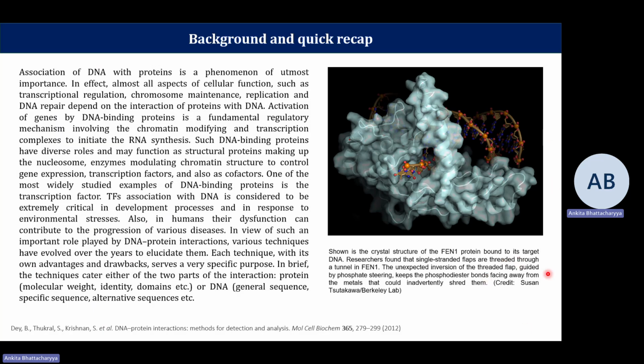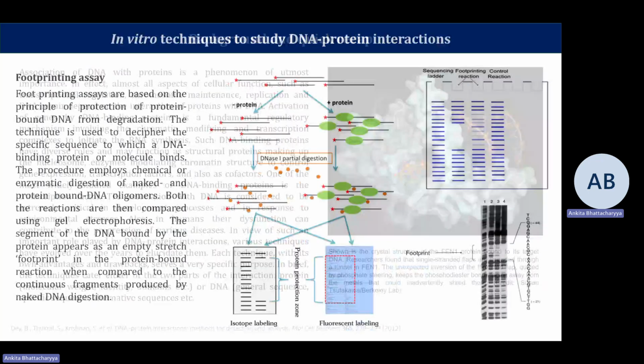Again, this is an example I already gave because we had discussed restriction enzymes in the previous class, and it's something you can very easily visualize. Researchers found, in a paper from a couple of years ago, that single-stranded flaps get threaded through a tunnel present in FEN1, and the unexpected inversion of the threaded flap, guided by phosphate steering, keeps the phosphodiester bonds facing away from the metals that could inadvertently shred them. So this is how the DNA protein interaction is facilitated in this case.